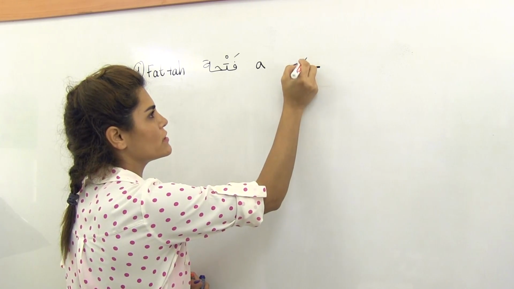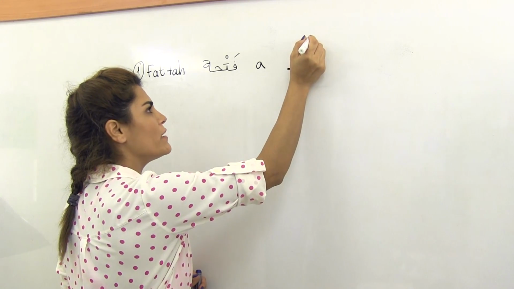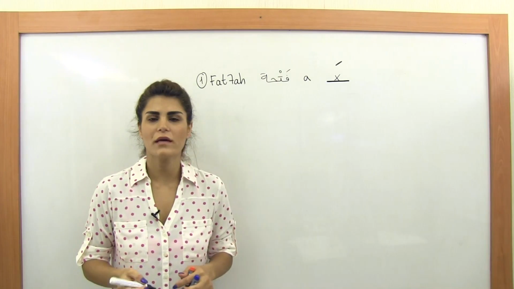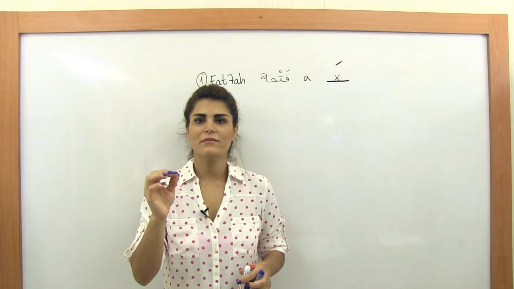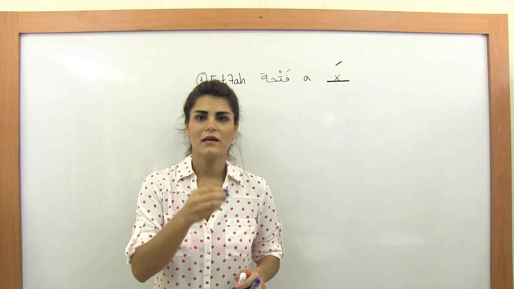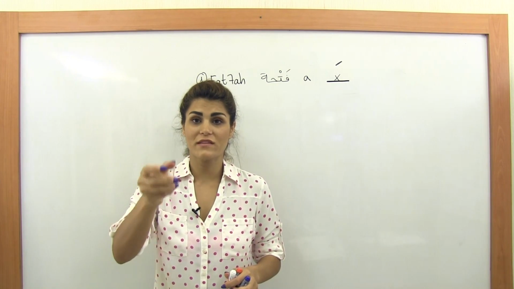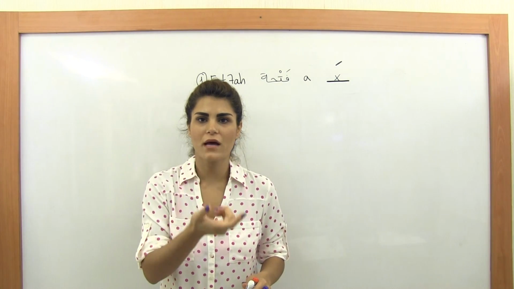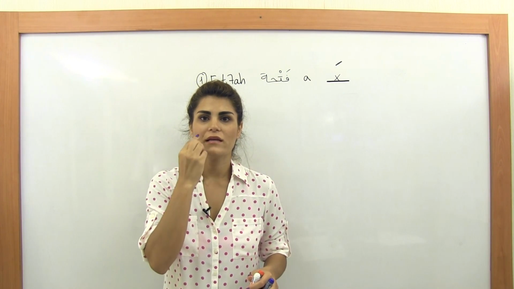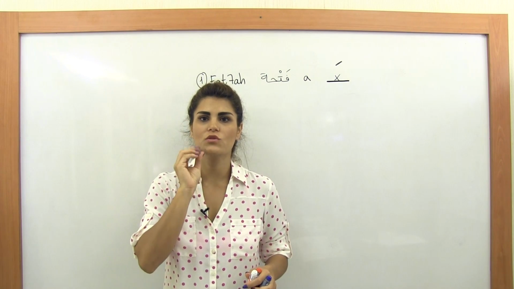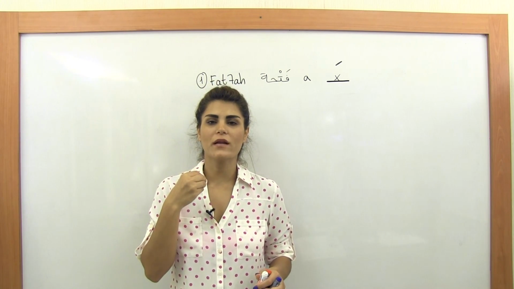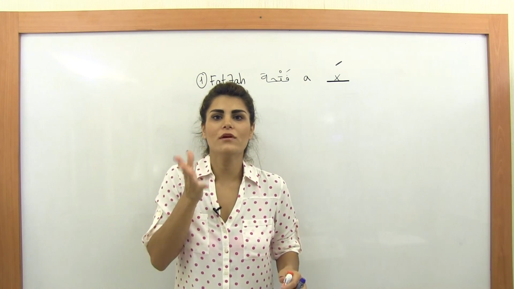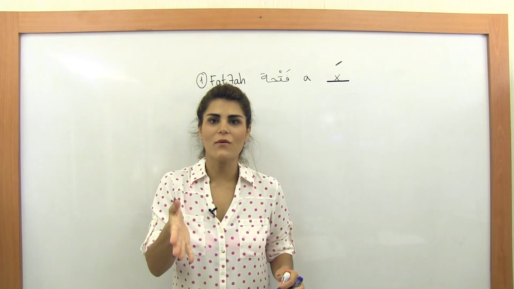We're going to consider this the letter, and the fatha is an oblique line on top of it. Now what is the meaning of فتحة? This vowel was given this name based on the shape of the mouth. The way we pronounce the letter has a common shape, which is to open. So whenever you pronounce any consonant with this vowel, you have to open your mouth.